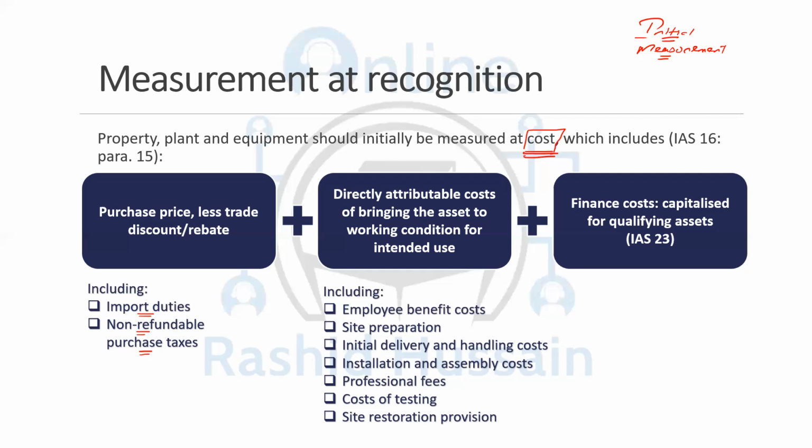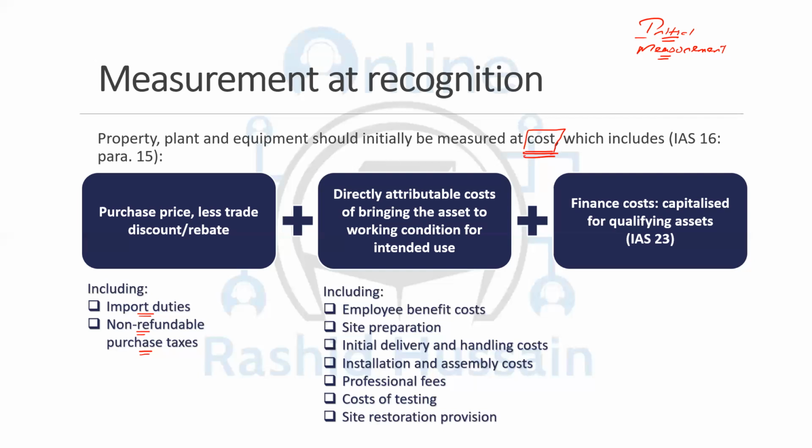Let's assume I'm going to install it, and for installation, I need to prepare a site for it. The site preparation cost. Someone will be coming to install that asset. Installation cost. Now I need professional advice on how to use that asset. I'm paying a professional fee that should be capitalized.